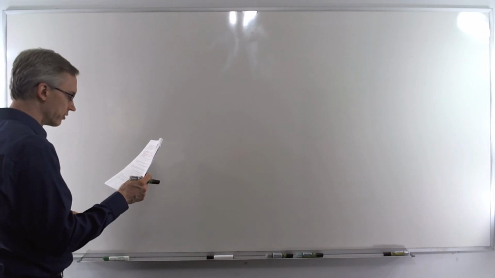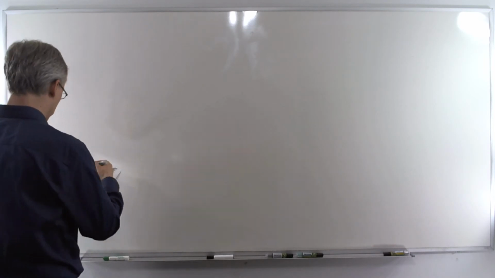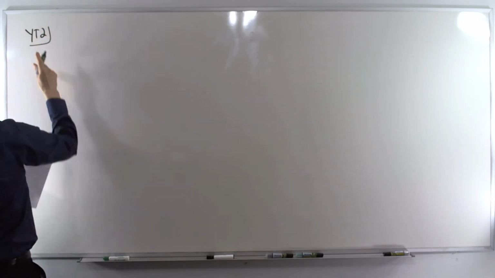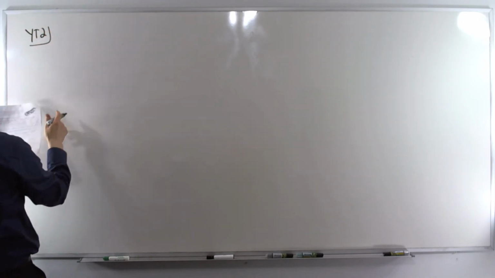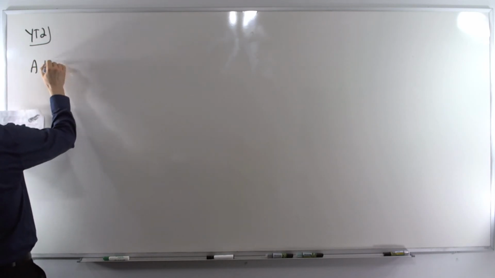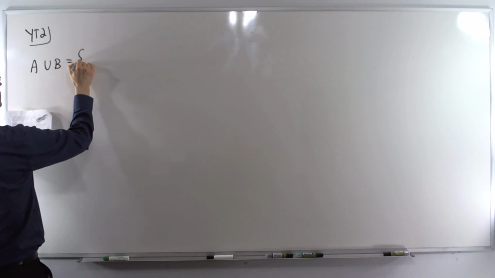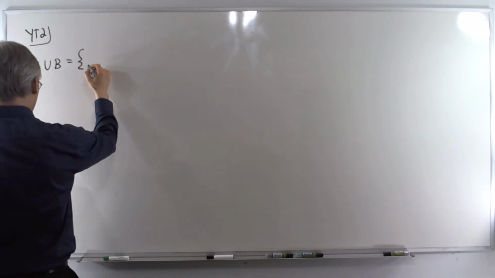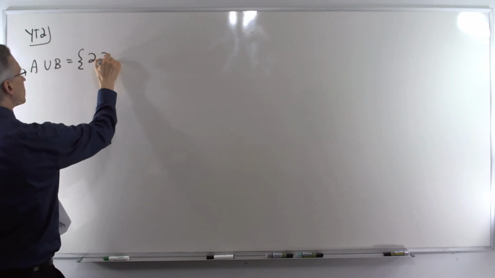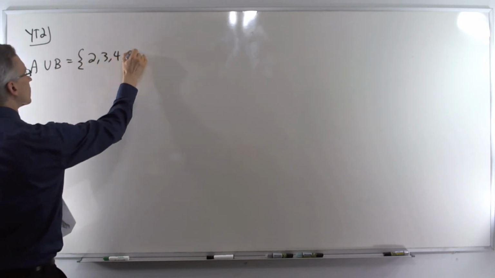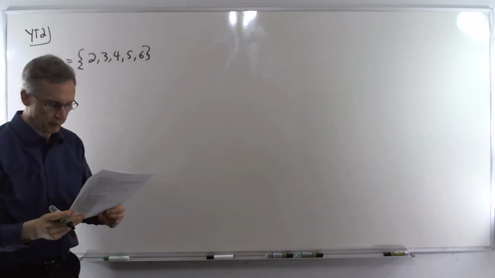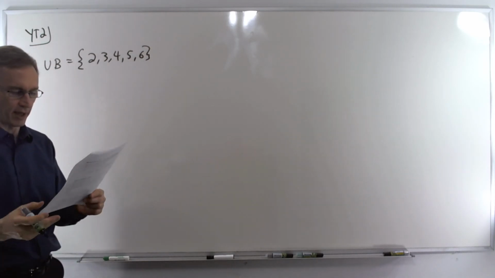We want to find the union of sets A and B. So for part A, we've got 3, 4, 5, 6, and 2, 3, 4, 5.